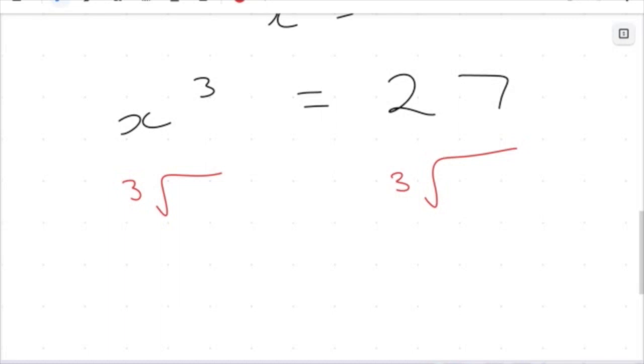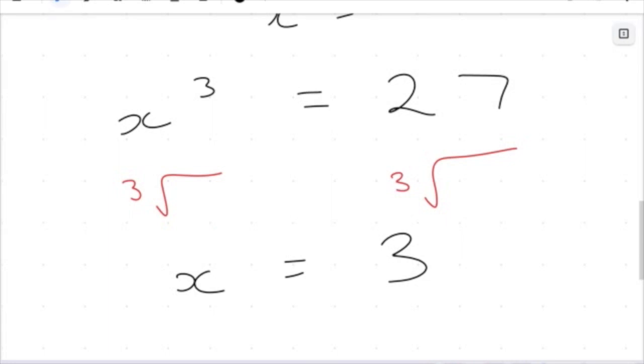We're doing the same thing now, but we're undoing the cubing of a number by taking the cubed root. So taking the cubed root of x cubed is just the number that multiplied by itself to give us x cubed, which is going to be x here. And taking the cubed root of 27, you can find this in your calculators and plug it in. That's going to give you 3 here.